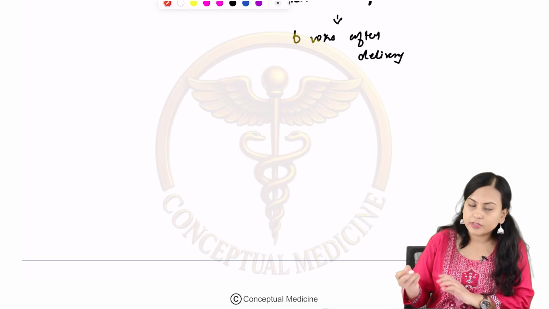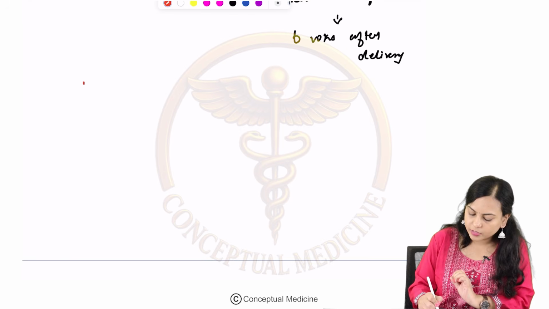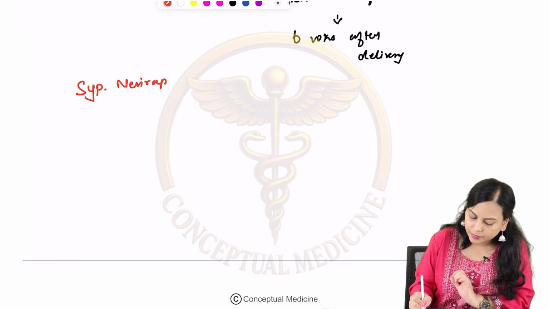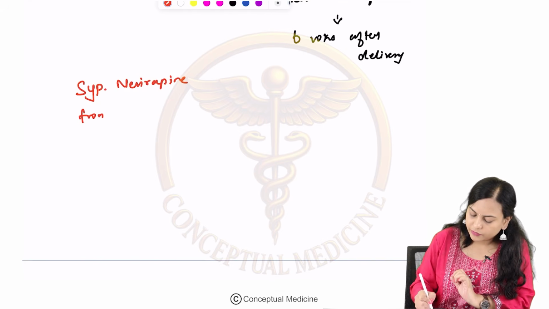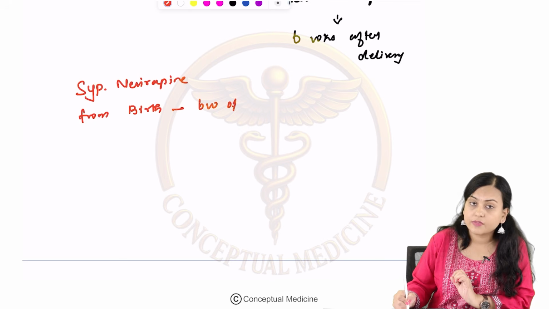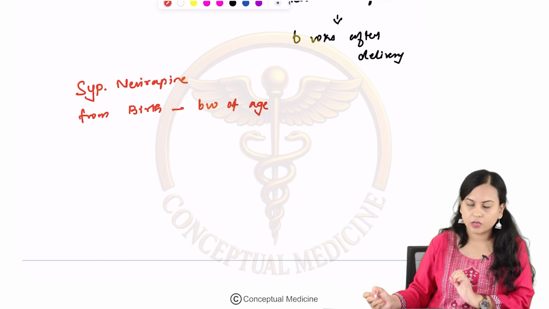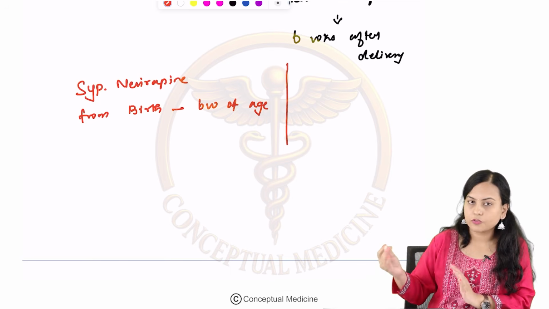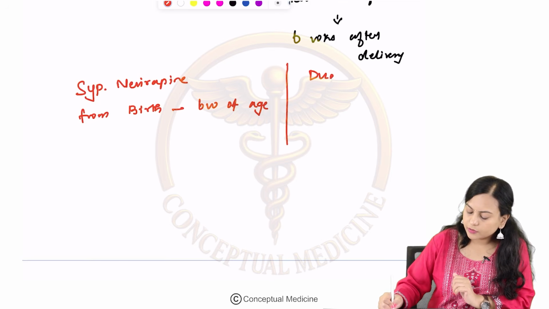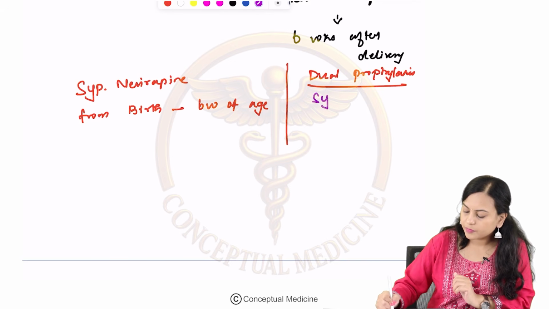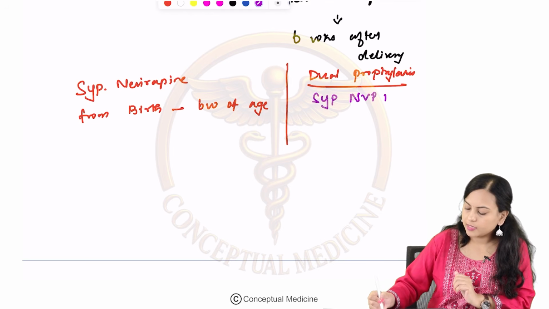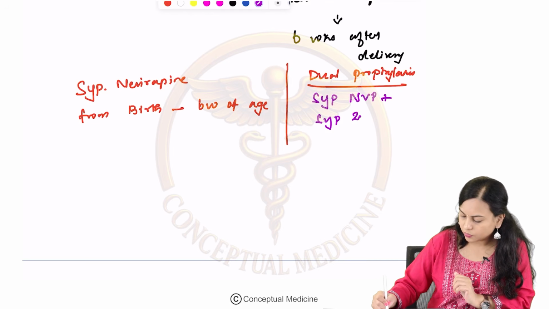So, for the low risk infants, what you are going to give? You are going to give syrup nevirapine from birth till 6 weeks of age. Okay? And for the high risk groups, we are going to give a dual prophylaxis that includes syrup nevirapine and syrup zidovudine.